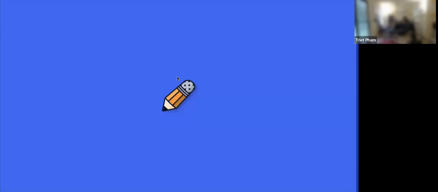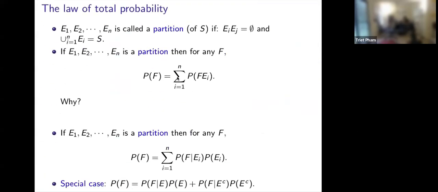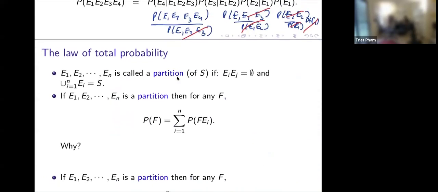Let us continue with the lecture. The next thing we want to talk about is the law of total probability, which is super important. This is a tool that underlies a lot of rules moving forward. It is also a technique that allows you to calculate probabilities easily in some cases, as you'll see.